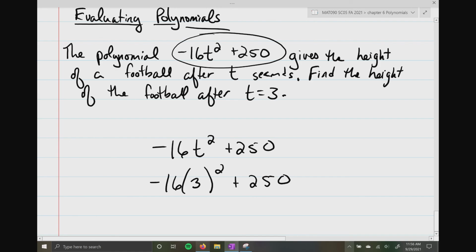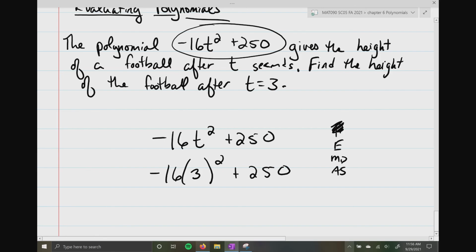Now, according to our order of operations, you need to do the work inside parentheses first. However, the thing inside the parentheses here is just a number. There's nothing you can do. So parentheses are done. The next thing you do are exponents. So, negative 16 times 3 to the second power is 9.